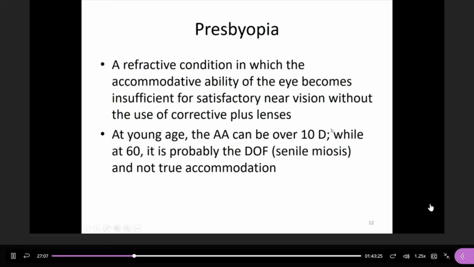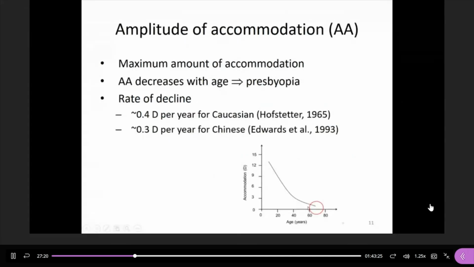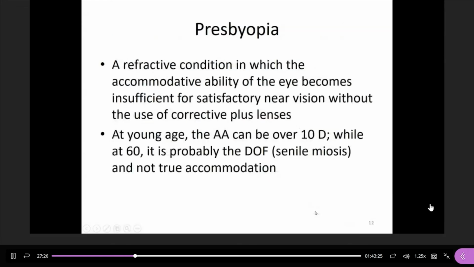More than 10 diopters means they can put objects at a distance of less than 10 centimeters and still get a very clear vision. While at 60, if you look at these figures, we still have some amplitude of accommodation. But in fact, sometimes this may not be the real accommodation. This could be part of the DOF.